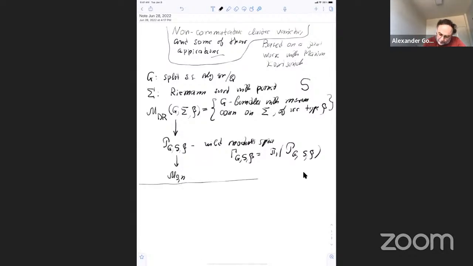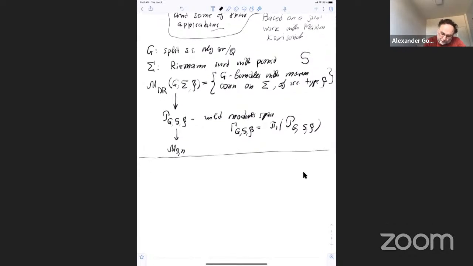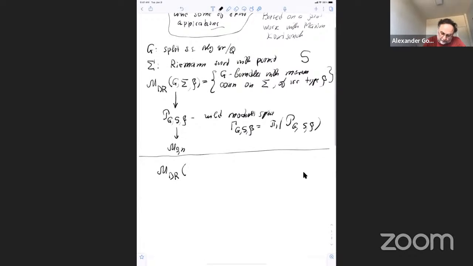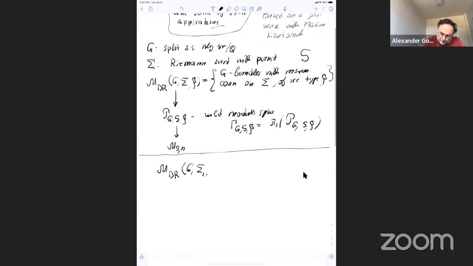And then there is a Riemann-Hilbert correspondence, which says the following: if you consider this de Rham space of G sigma beta, as I said, it's fibered over the space P G S beta. But then there is another space, which is a topological space, the Betti space, of G S beta.